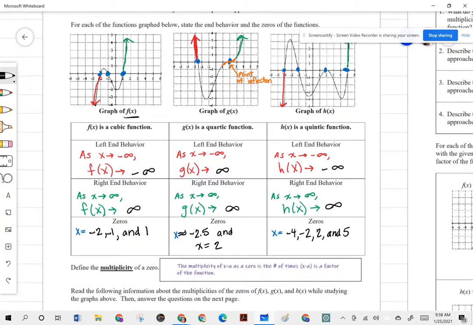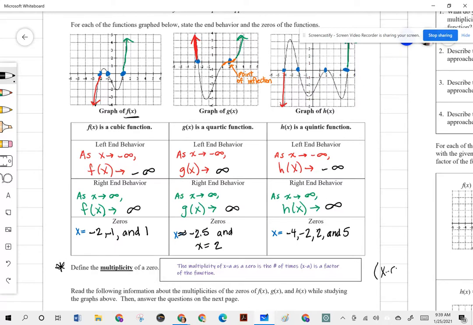So this next piece is to define the multiplicity of a zero. So let's just make sure we understand that. The multiplicity of x equals a as a zero is the number of times x minus a is a factor of the function. Like if we did a warm up last week with that.